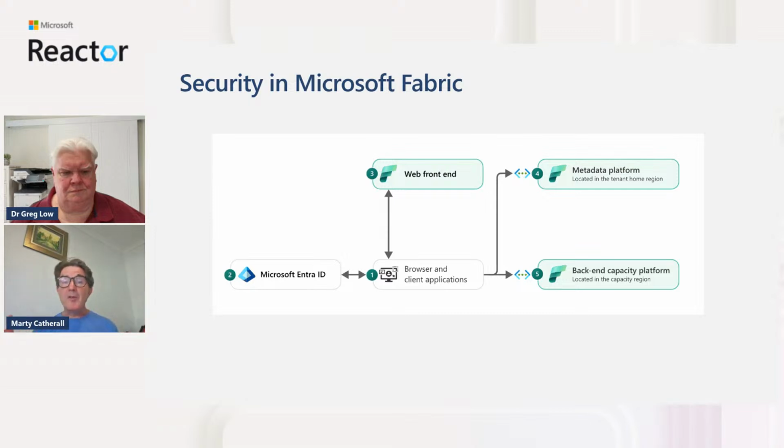Interesting, a fundamental concept that I mix up myself, and I'm sure other people, authentication versus authorization. So authentication gets you onto the platform. Authorization will tell you what you can or can't do within the system.